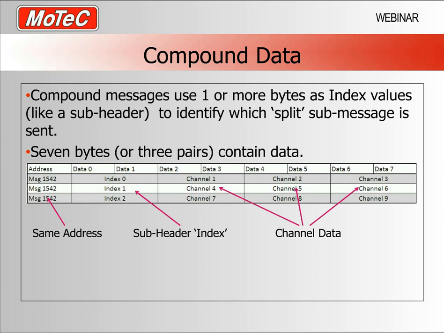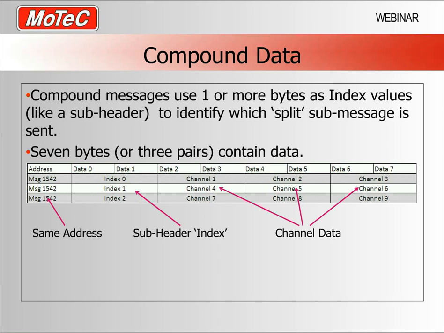So we have a message 1542, and then the first line shows us index 0, and then we have 3 channels of data because we only have 3 pairs of data bytes remaining. In our second line, we have the same message address, but we have a different index value, and that tells the receiving device that we're now looking at channels 4, 5, and 6.